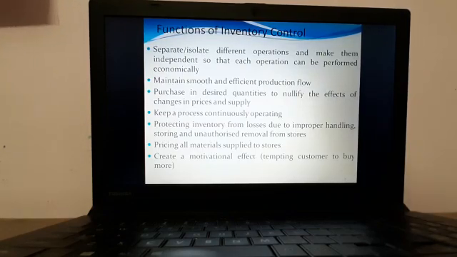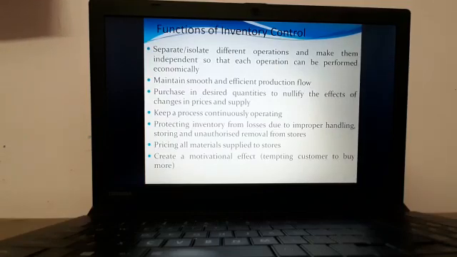The second major function is to maintain smooth and efficient production flow. By doing proper inventory control, proper assurance of the flow of materials as well as capital is ensured, thereby maintaining smooth and efficient production flow.